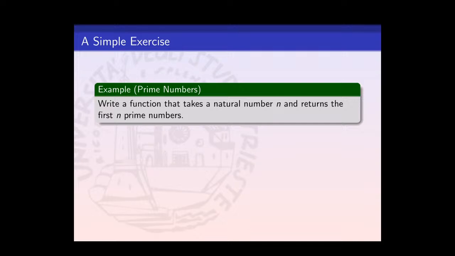So our aim is to write a function that takes a natural number as parameter and returns the first n prime numbers. Okay? So we want to compute the first n prime numbers, where n is a parameter of the function.